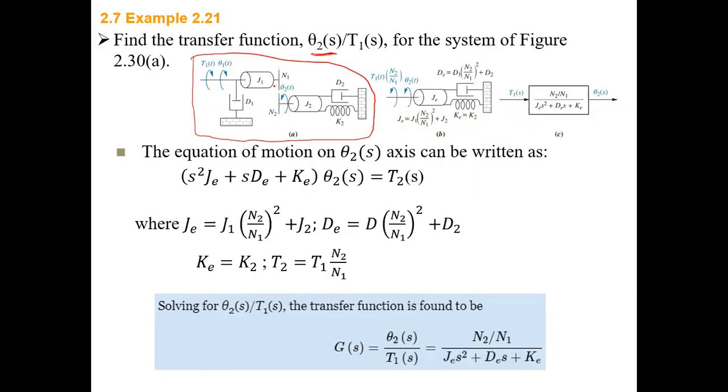Now help me here. How should I reflect this? Should I reflect from left to right or right to left? Should I go from here to here or from here to here? Anybody can help me here?